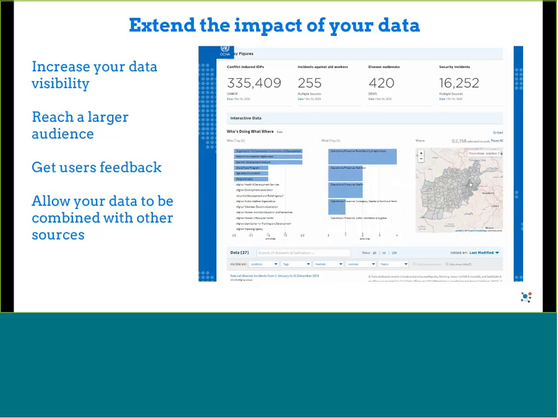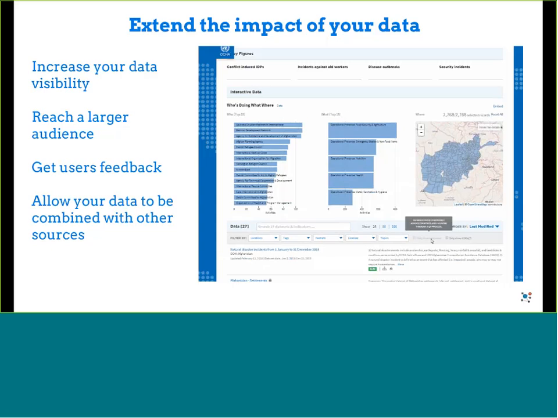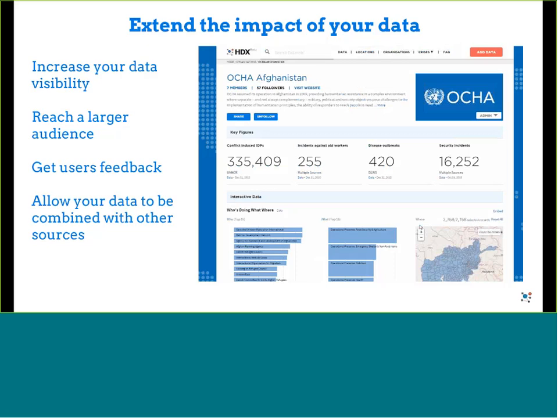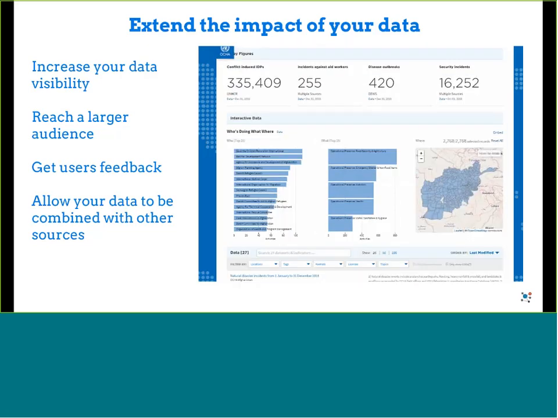Also, in terms of user feedback, sometimes there might be some minor errors, small mistakes here and there in data that are really hard to spot. But once it is out there, some people might be able to pick this up and help improve the data set as time goes on. And so this is also something that is useful.